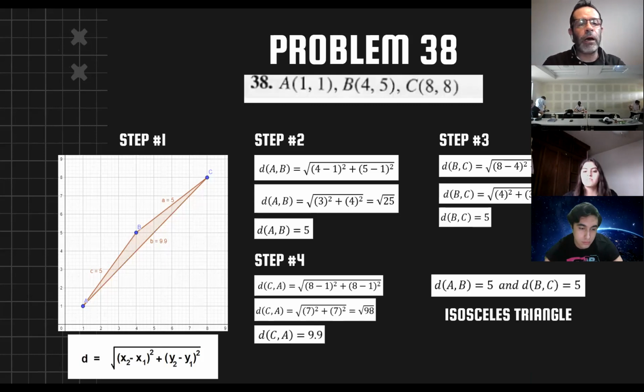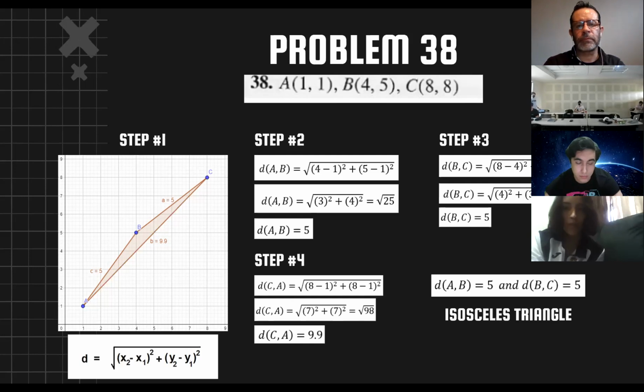Okay, go ahead, House Jokers. So in problem 38, we have to get the distance between these 3 points. So first of all, we have to know the formula to get the distance between 2 points.